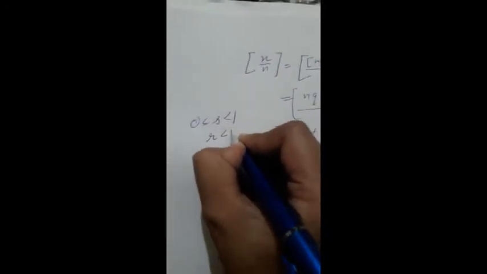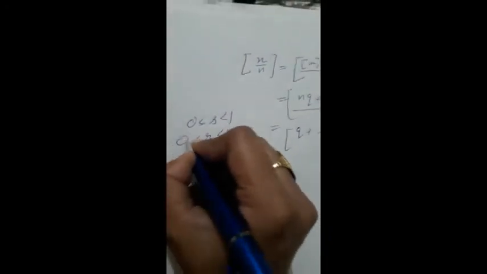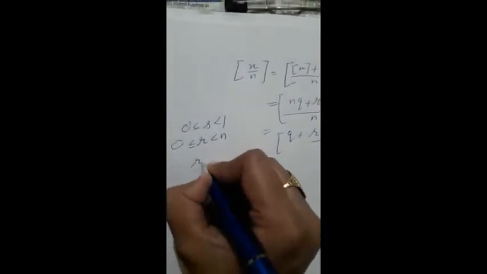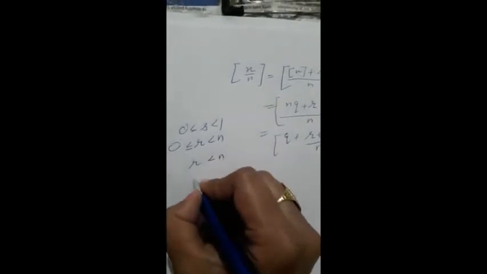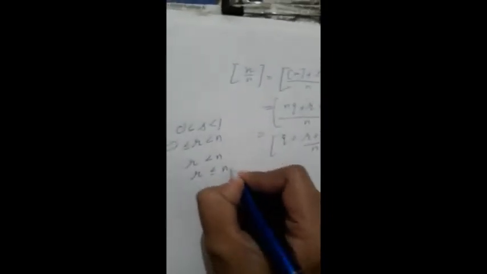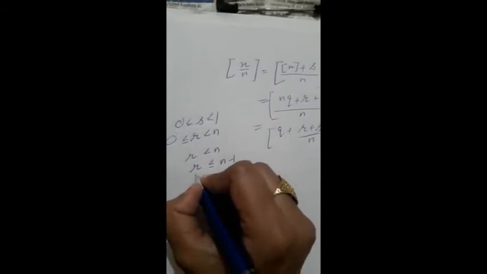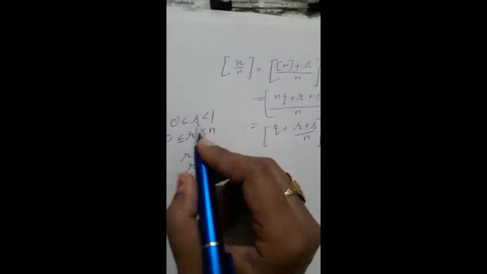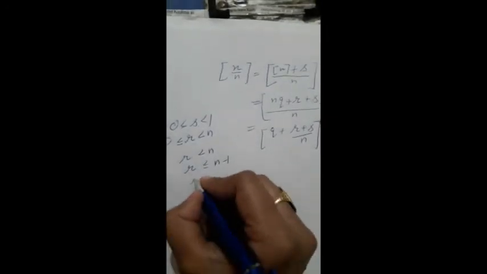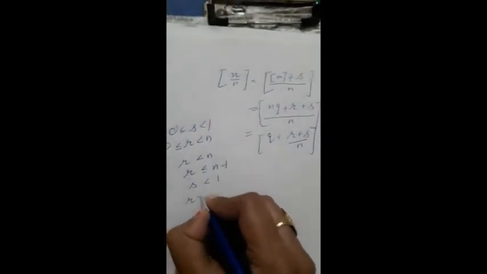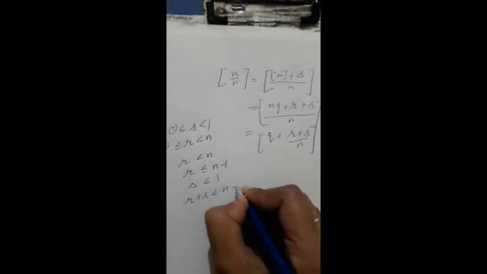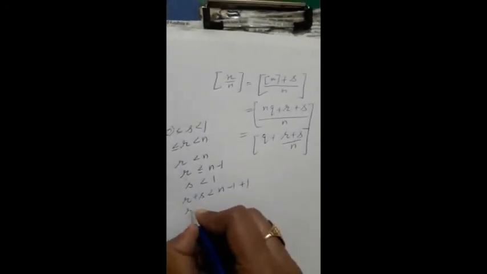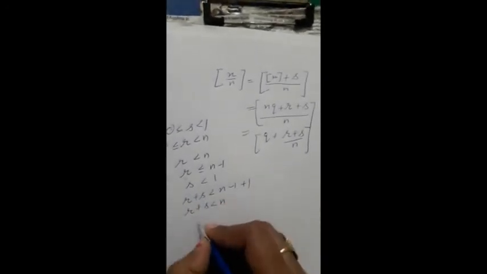Since r is strictly less than n, and it is an integer, r is less than or equal to n minus 1. And s is less than 1. We add them. r plus s is less than n minus 1 plus 1. That is, r plus s is less than n.